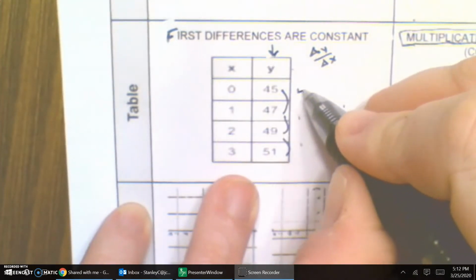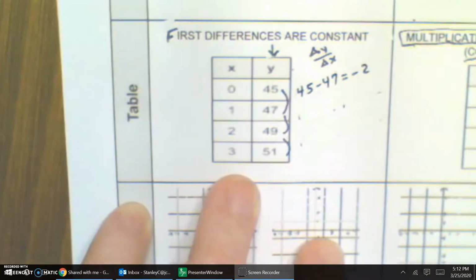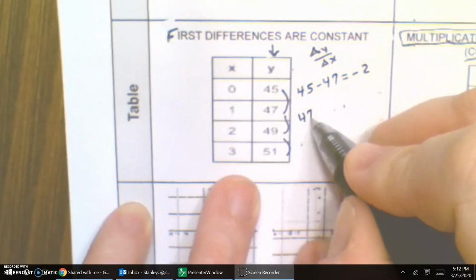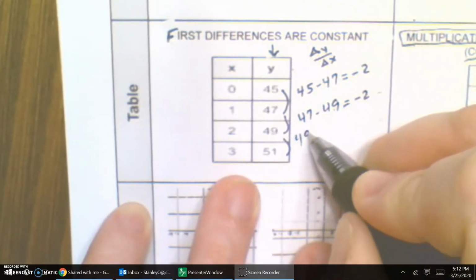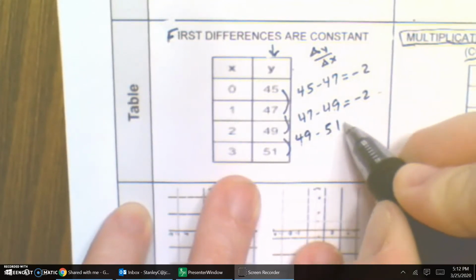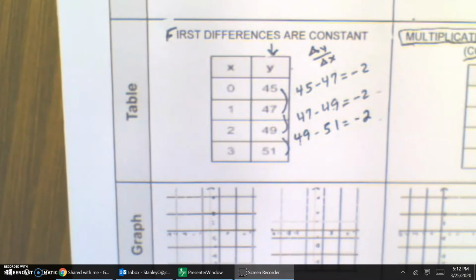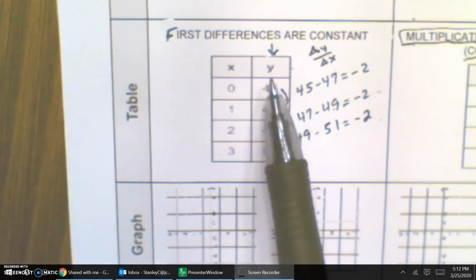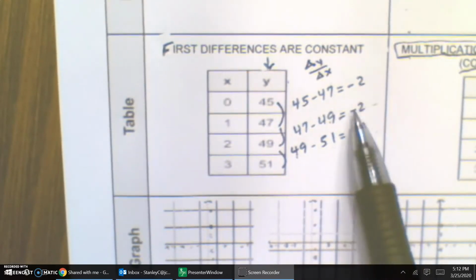So if we take 45 minus 47, we get negative 2. 47 minus 49 is negative 2. And 49 minus 51 is negative 2. So we want the first difference to be constant. First difference, your y column. Difference, subtract. Constant, the same value.